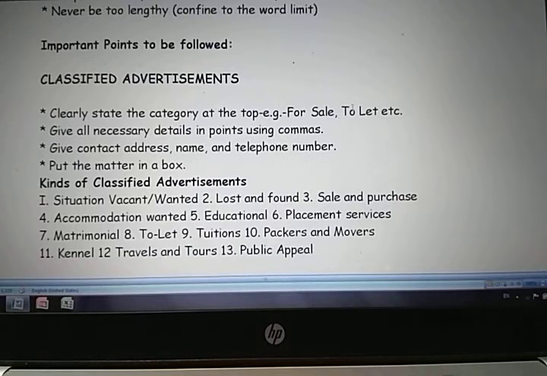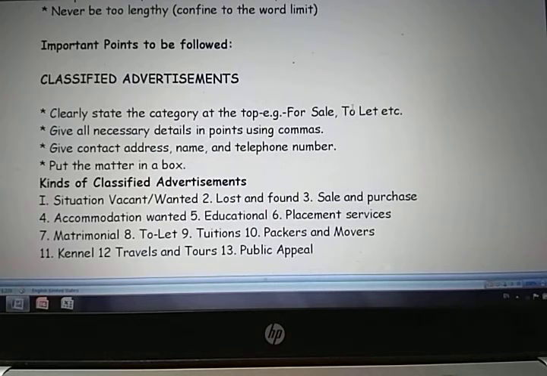And as far as possible, for each and every writing skill, you should use a separate page. There is no restriction on the number of pages. Display is very, very important. Very neatly you should write.